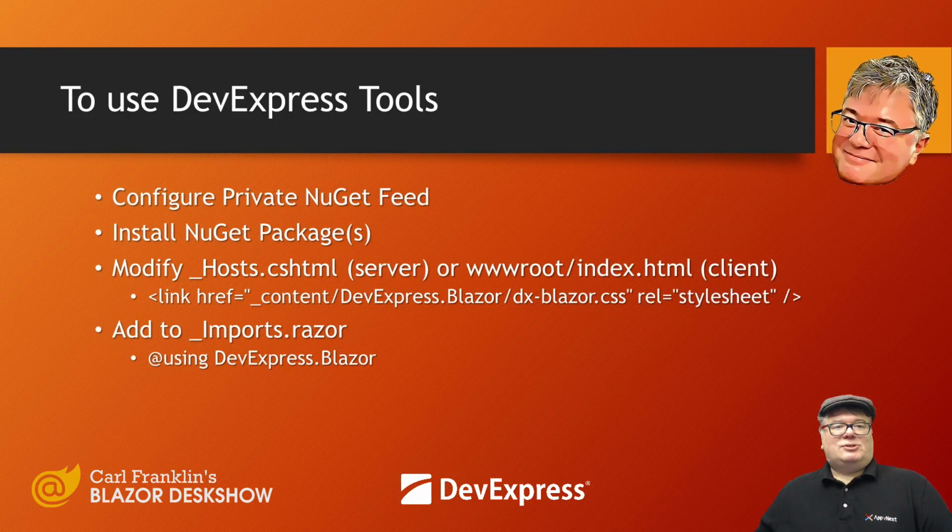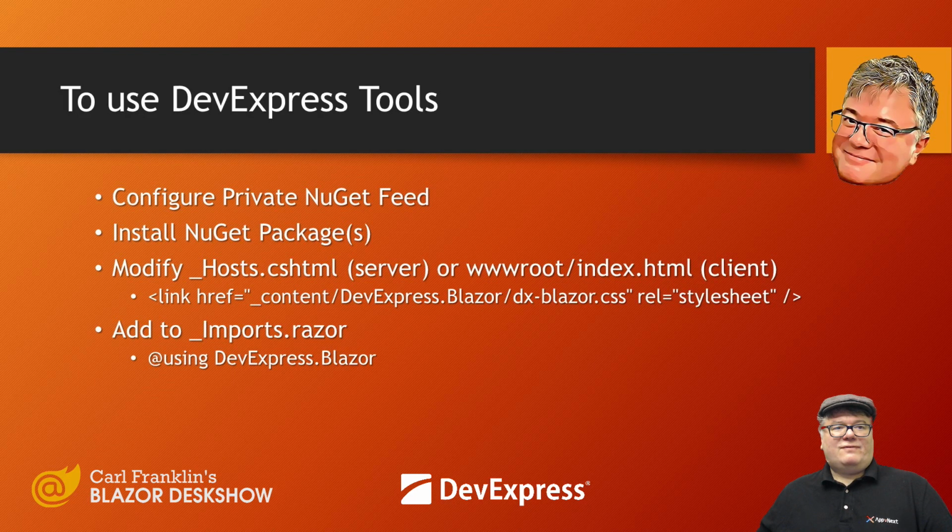To use DevExpress tools, what you really need to do is go to devexpress.com/free Blazor to get these free. You'll get your own personal URL for a private NuGet feed, and the documentation shows you how to set all that up in Visual Studio.